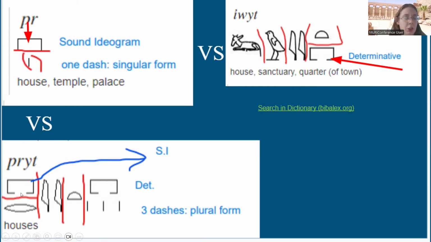So that's one of your clues that you would start here, but also one of the default directions that the Egyptians could write in is starting from right to left. So if there aren't any clear people or animals in the word, try going from right to left first, and then if your translation doesn't make sense, then you're missing something.